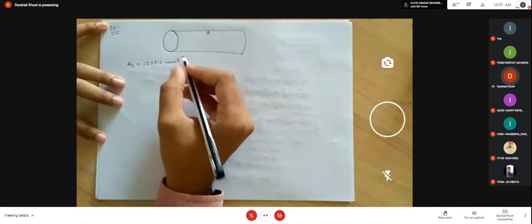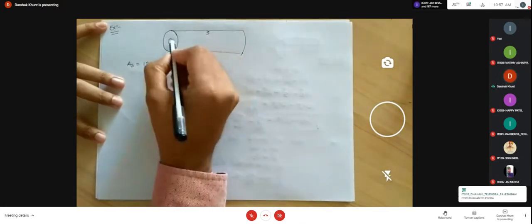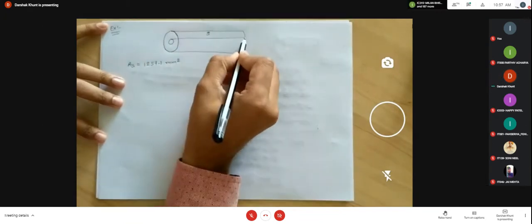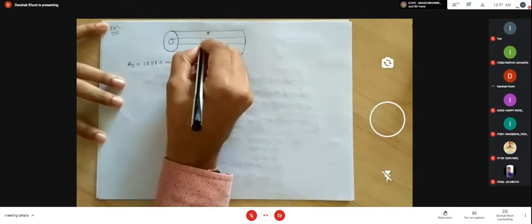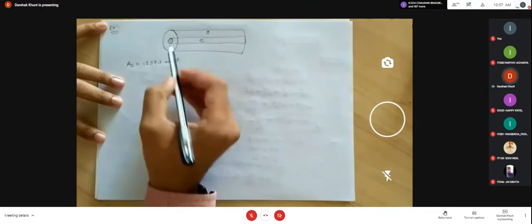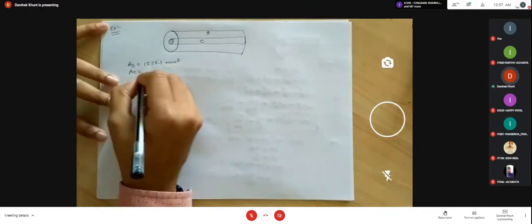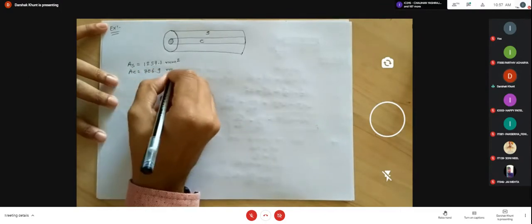Out of the steel section, at the core part of this section, one copper tube is composite with that. This one. So this is the copper section and the remaining portion is the steel section. So the area of that copper section is also defined, 706.9 mm square. That is given to you.